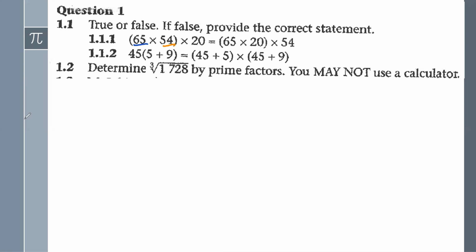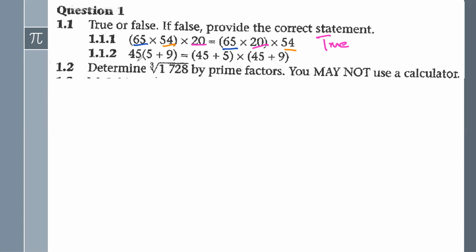There's 65, there's 54, and there's 54. Maybe I should also color that 65, and there is 20 here, and there's 20 there. So as you can see, these are exact same numbers. We have just changed the order of multiplication, and we know it doesn't matter. So this is actually true, since it is the commutative property.